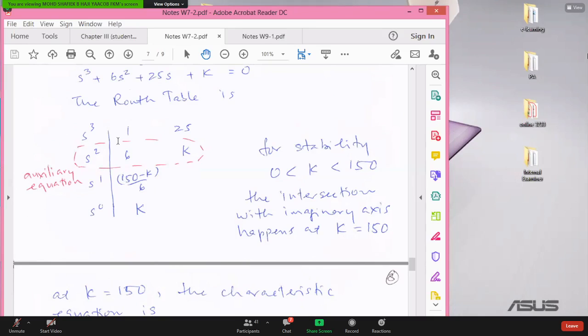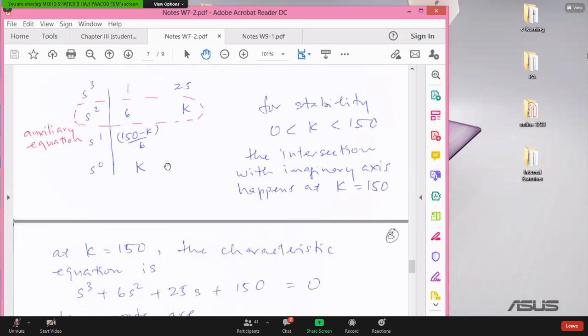We can directly use the equation above, the element in the first column equals 0, as our auxiliary equation to compute the intersection with the imaginary axis. So we have 6s squared plus k equal to 0. Then we can solve that for the intersection with the imaginary axis.